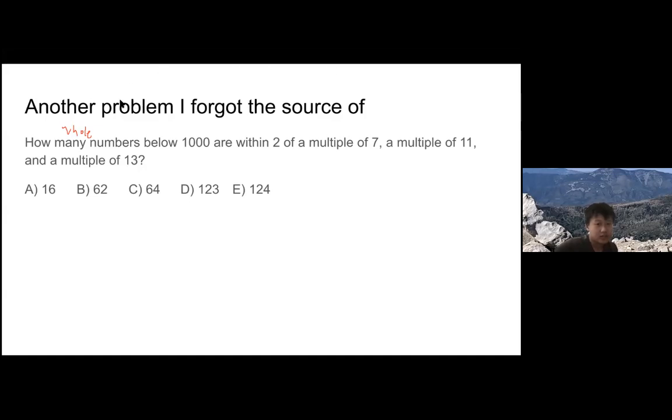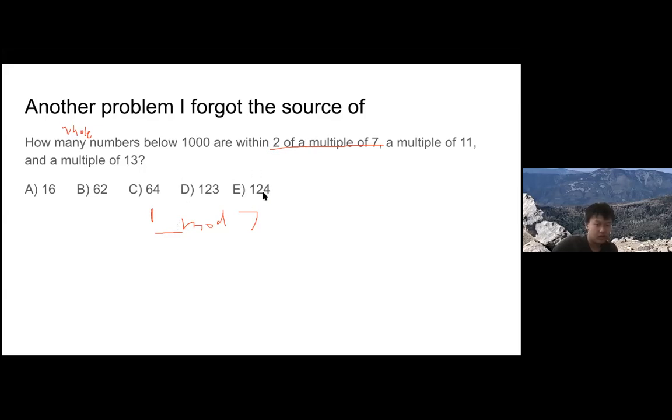So first of all, within 2 of a multiple of 7. Which residues mod 7 satisfy that? Residue as in just like what number can go here that is within 2 of a multiple of 7. Well, every multiple of 7 is 0 mod 7, so that definitely works.